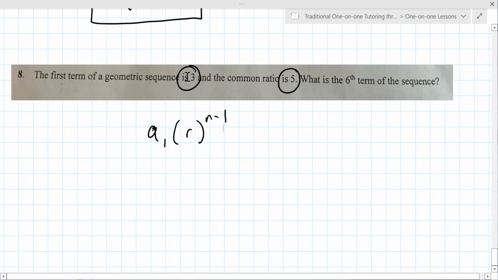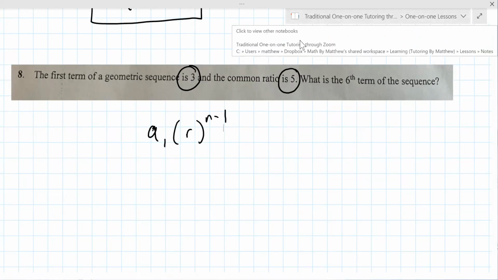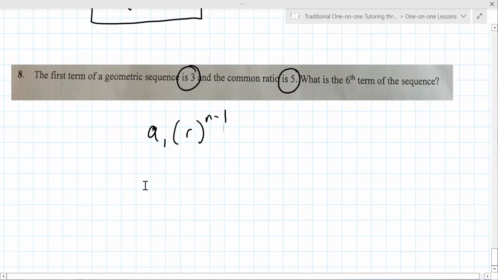What is 3 and what is 5 in this problem? The r is 5 and the first term is 3. Yes, A subscript 1 is 3.